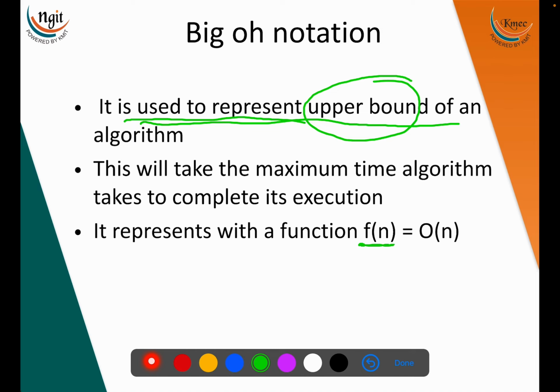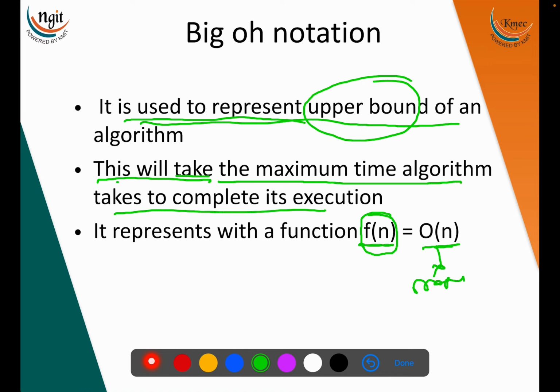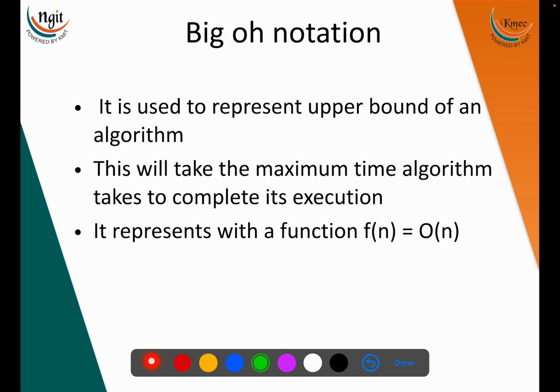Now f of n will have some n input to calculate the performance. Big O of n takes the maximum time. Big O notation represents the maximum time an algorithm takes to complete its execution. That's why it is the upper bound, and it is represented with the function f of n is equal to big O of n.